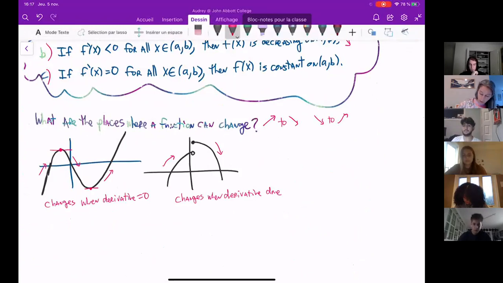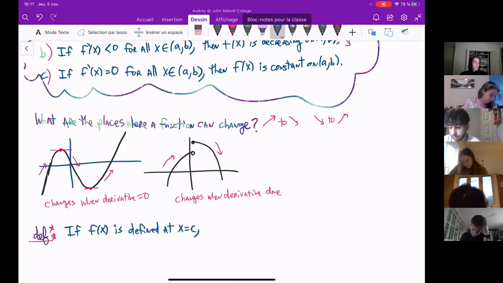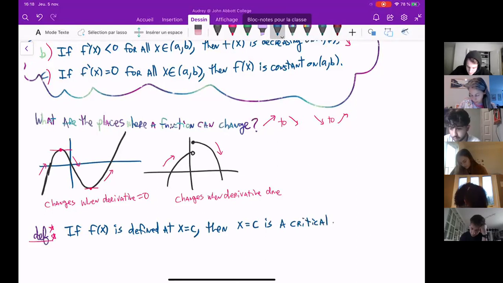So here we'll have a definition. If a function is defined, then x equals c is a critical number, which you will often see as a critical value, and I think I'll probably use the word value more than number.